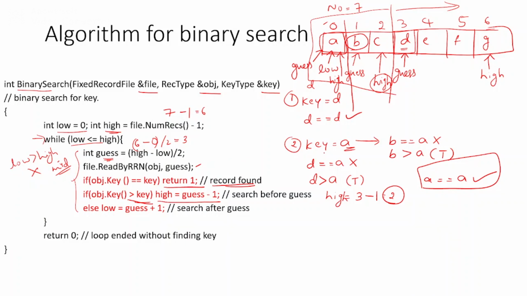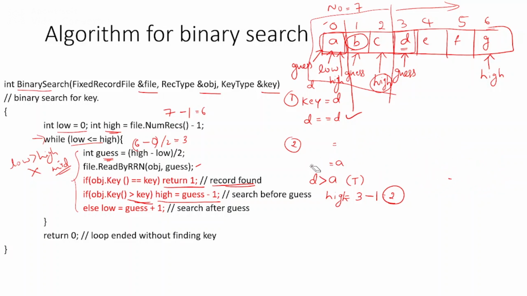Suppose your key is bigger than the mid value. For example, I will consider the key as some f. When the key is f, what is it going to do?